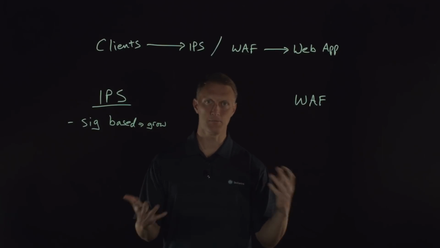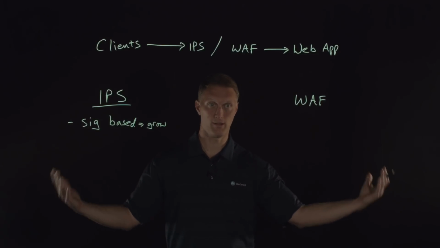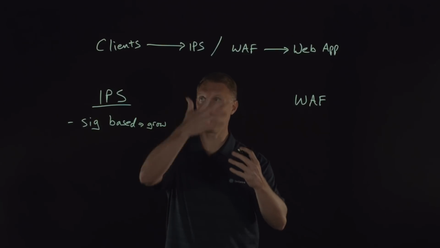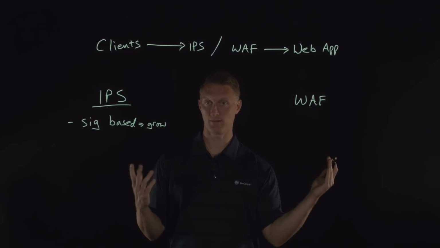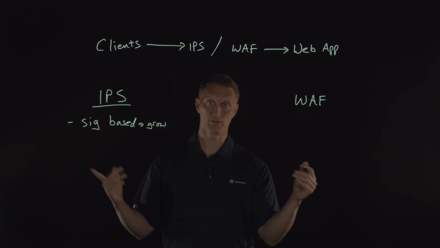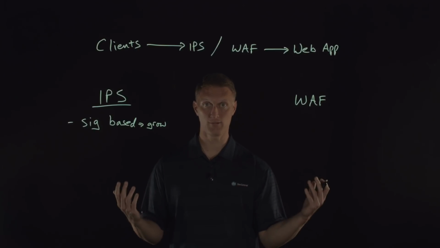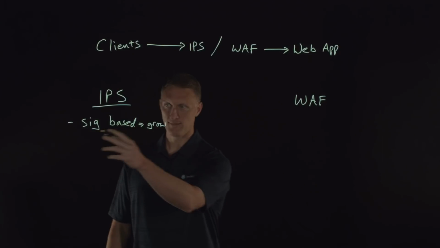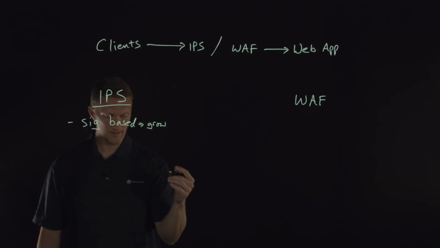There's a debate on that. On one hand, having a ton of signatures in your library is good, because you're able to block all different kinds of threats. On the other hand, every single request that comes through needs to be checked against all these different signatures, and it may slow things down. Take that as you will, good or bad, but nonetheless, this is typically a signature-based type of technology.